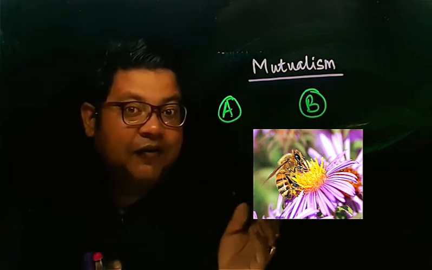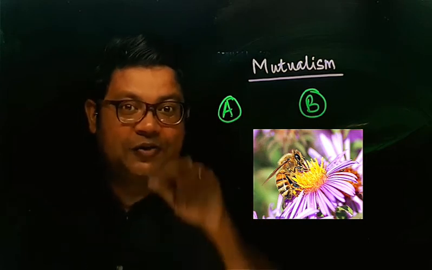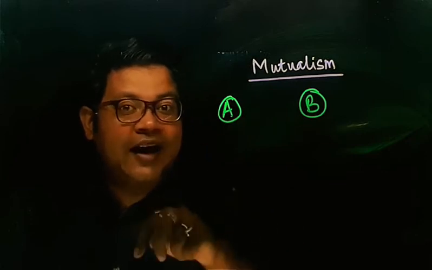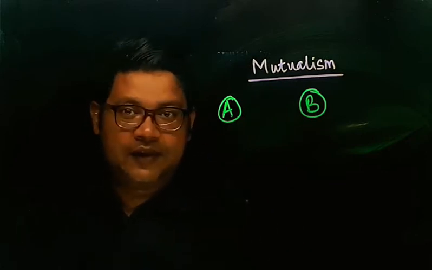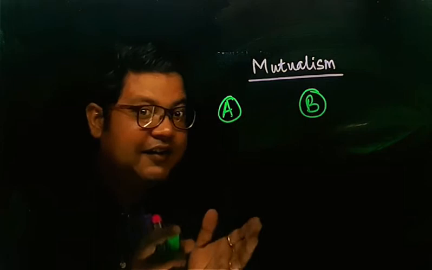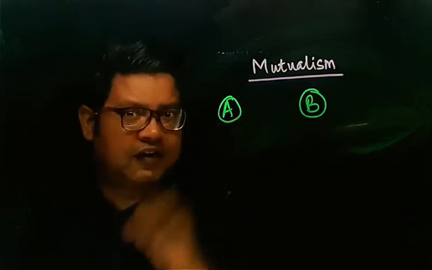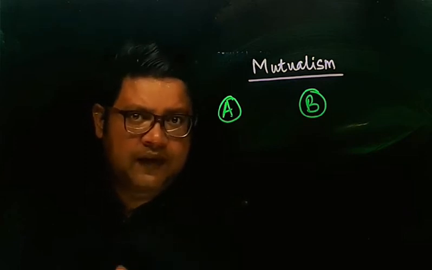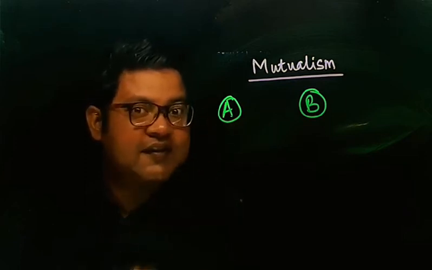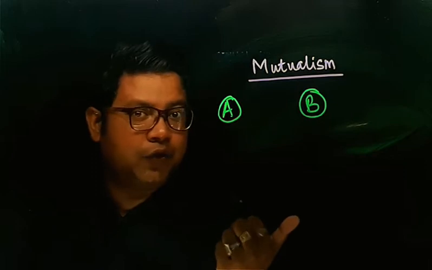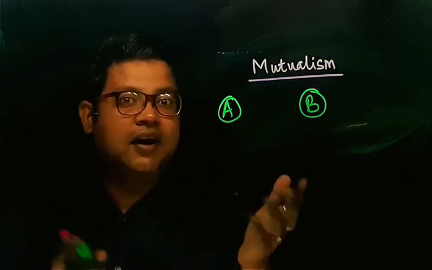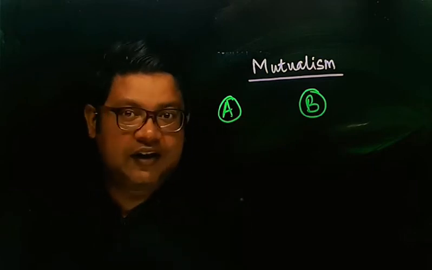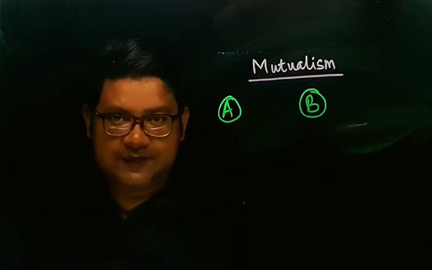After feeding, the bee hops from one flower to the other, so it helps in pollination. In this type of interaction, two different species are involved, the bee and the flower. One is getting the food and the other is getting help in pollination. So both the species are getting benefited. This is an example of mutualism.